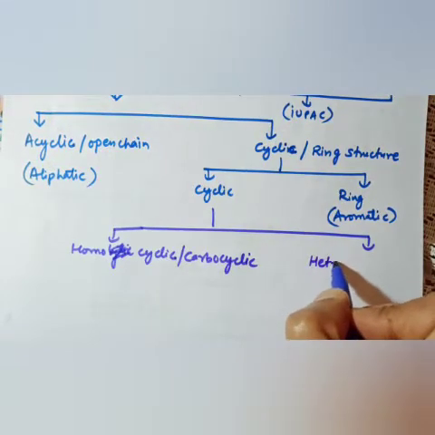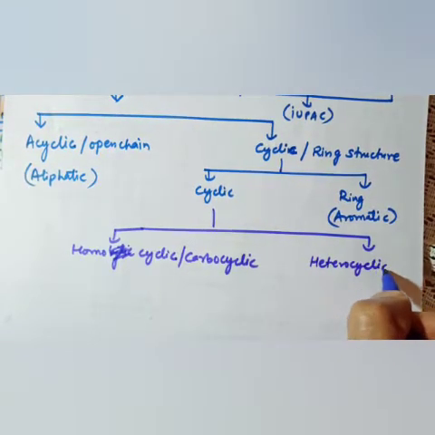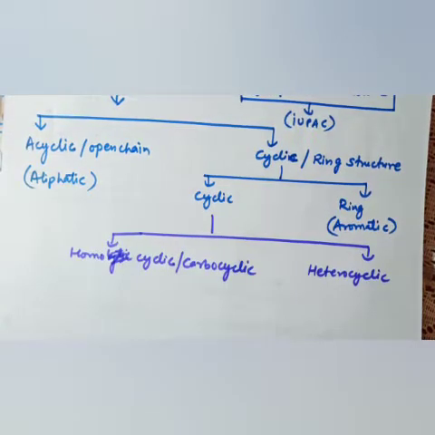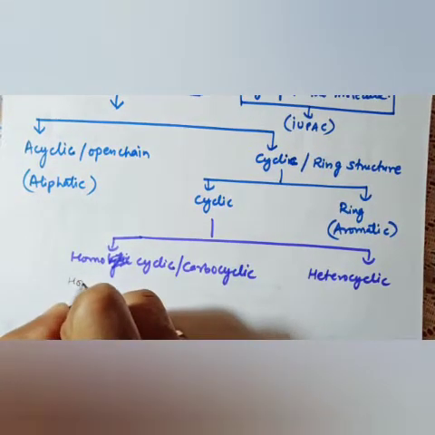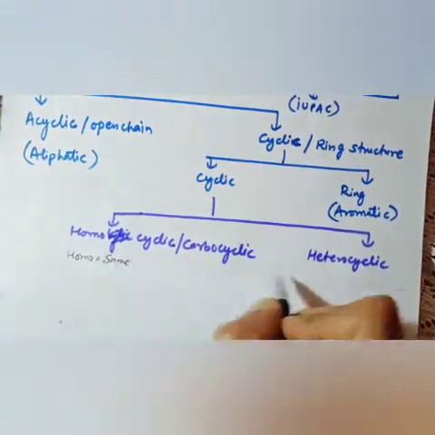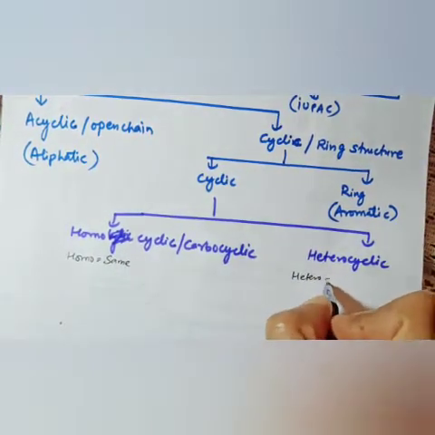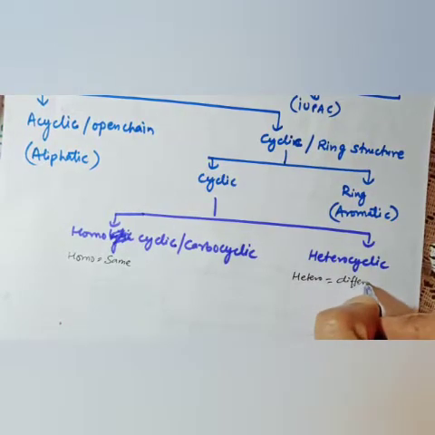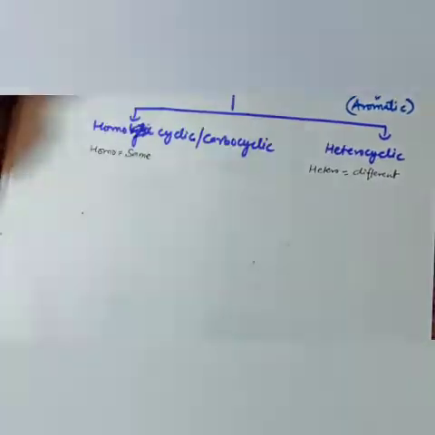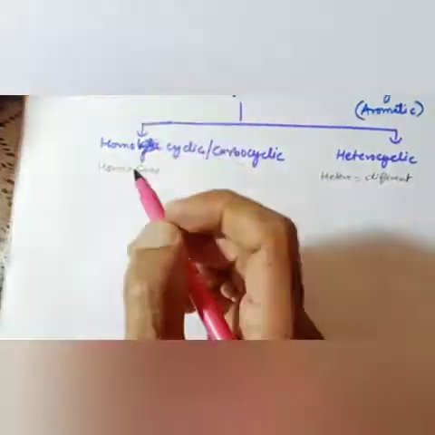Second is heterocyclic. What do we mean by homo and hetero? As you know very well, homo means same, and hetero means not the same, or different.